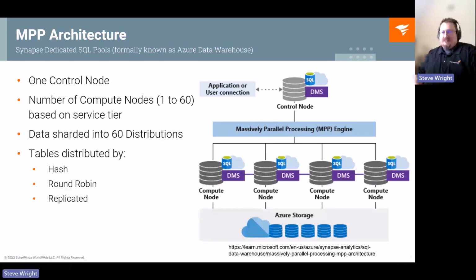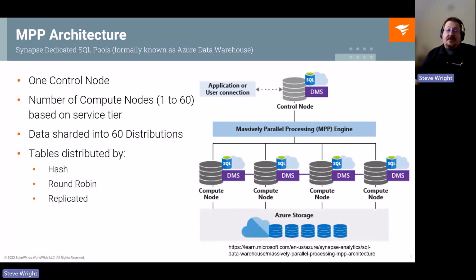Like I said, you can think of each of these nodes basically as their own standalone SQL Server. And then, in order to scale out and get that massively parallel performance, each table essentially is sharded into 60 distributions. Depending on the service tier that you've specified for your SQL pool, it will determine the number of compute nodes you have, and then the distributions are assigned to each of those compute nodes.